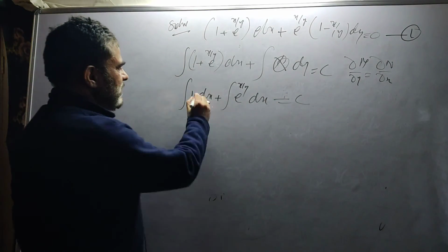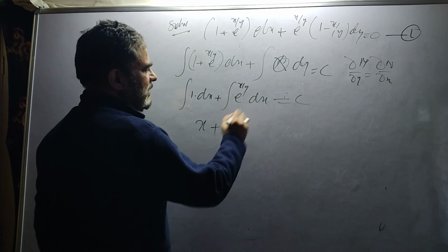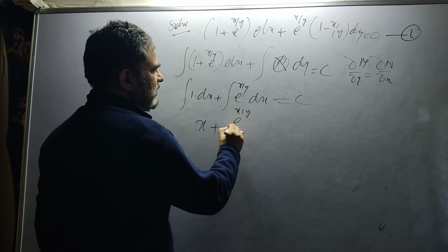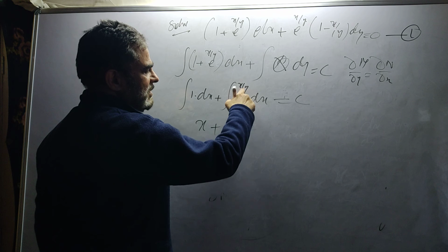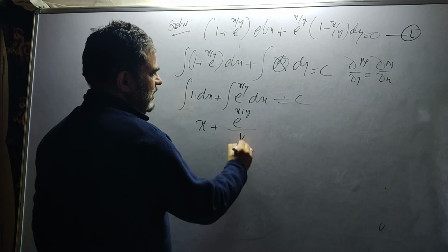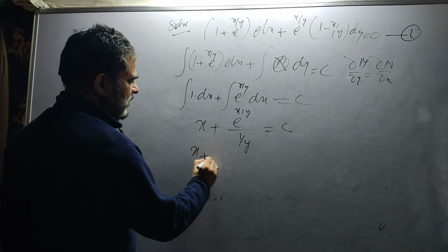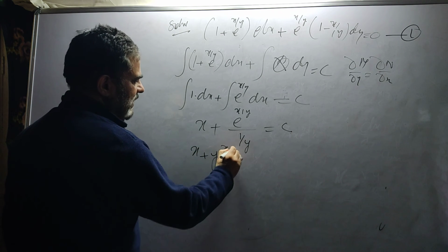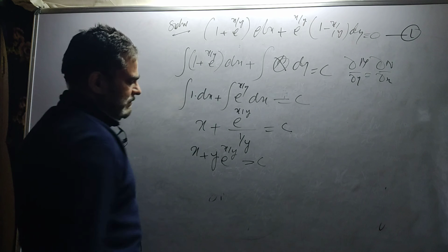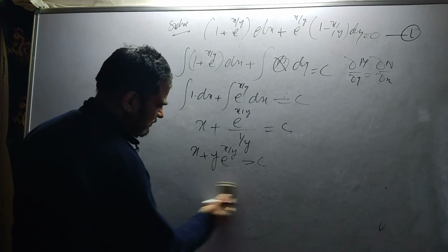Clear? So this is x plus this is e raised to power x by y with respect to x. It is derivative in the numerator. It is 1 by y is equal to c. This is x plus y e raised to power x by y is equal to c. This is the solution.